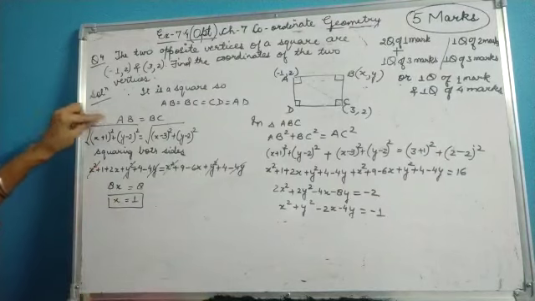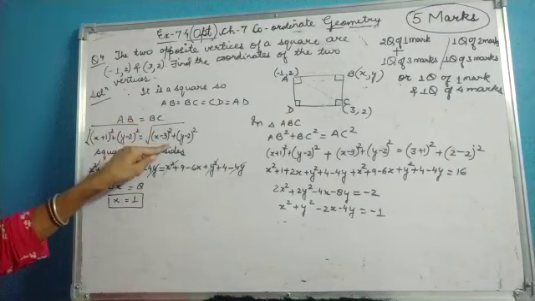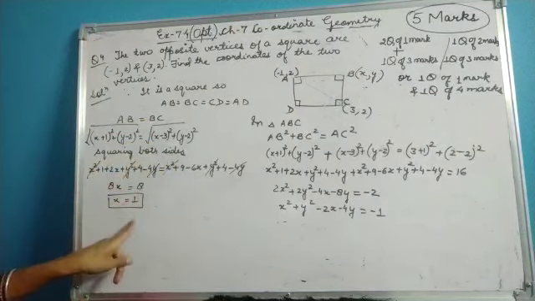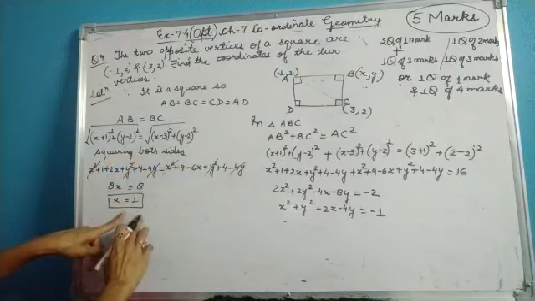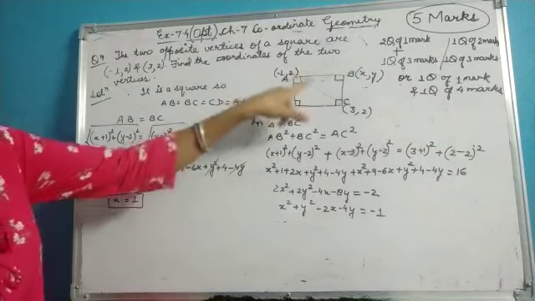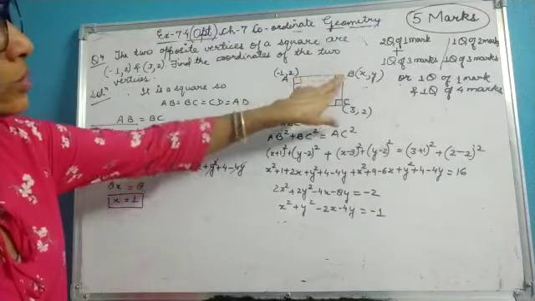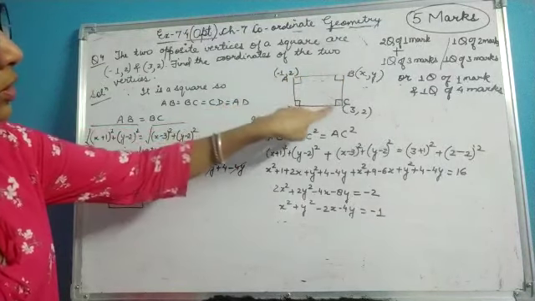I have just applied distance formula for AB and distance formula for BC, squaring both the sides, and I have just simplified it. So here I got it as x equal to 1. Then in triangle ABC I have applied Pythagoras theorem, and it says AB square plus BC square equal to AC square.